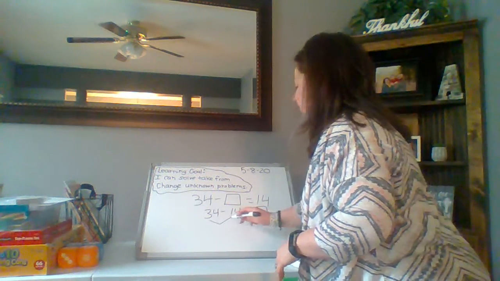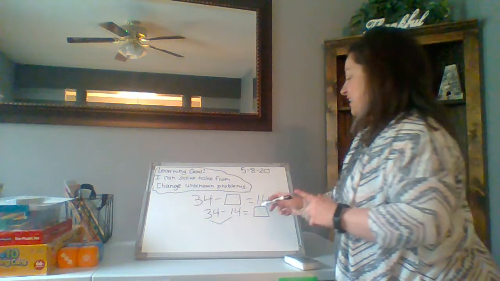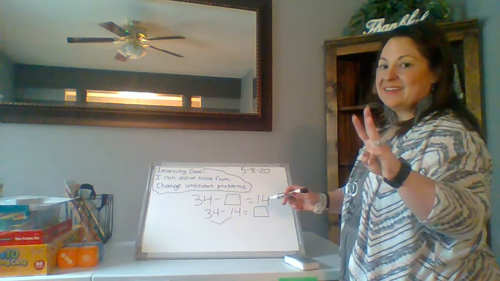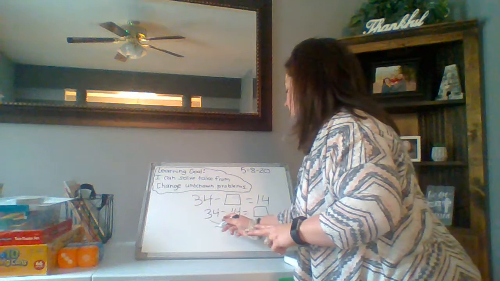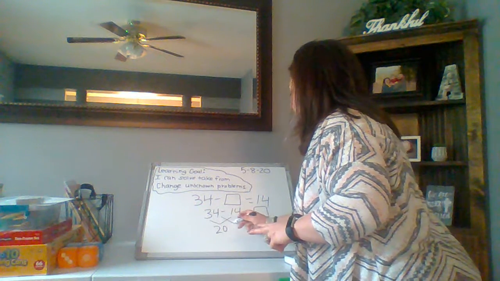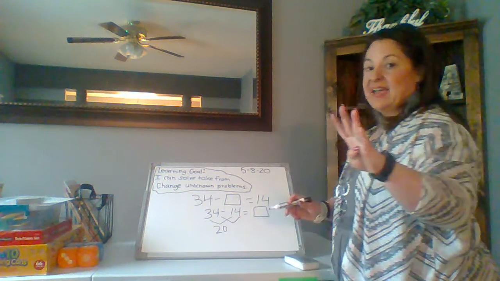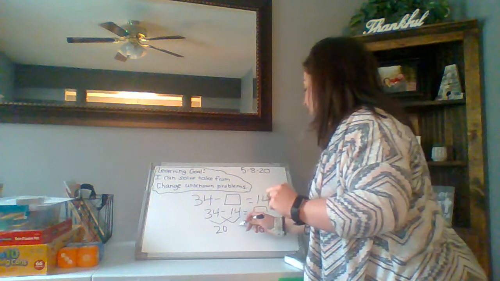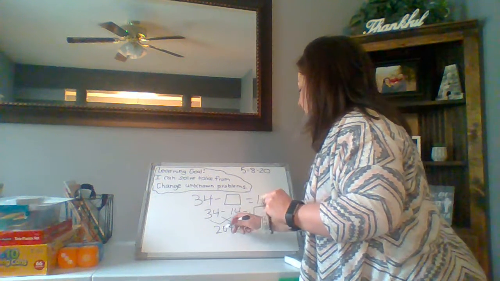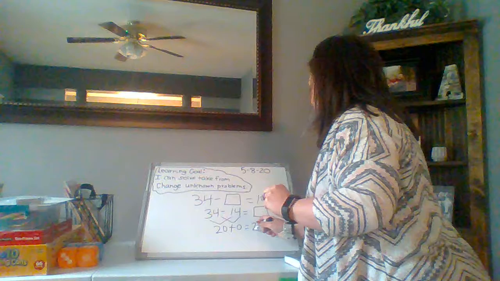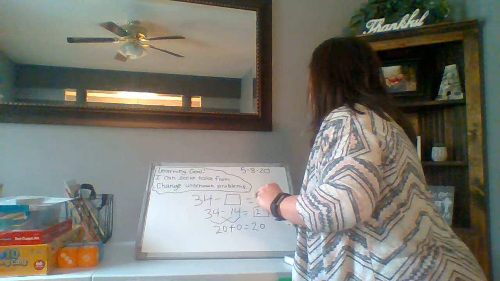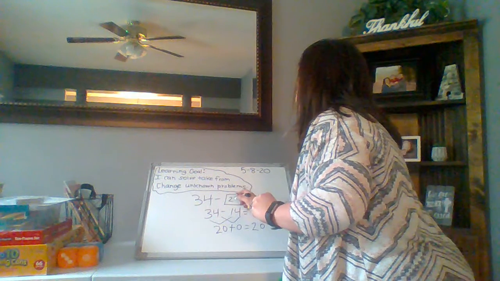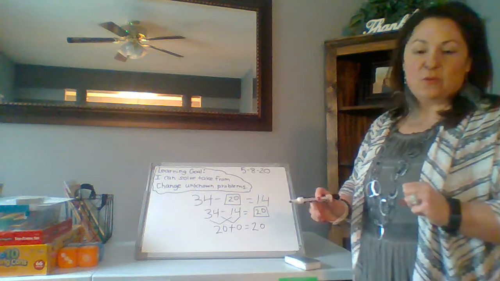Let's work with the tens first. If I have 3 tens and I take away 1 ten, I'm left with 2 tens or 20. If I have 4 ones and I take away 4 ones, I'm left with 0 ones. So what is 20 plus 0? It is 20. So 34 minus 20 equals 14.